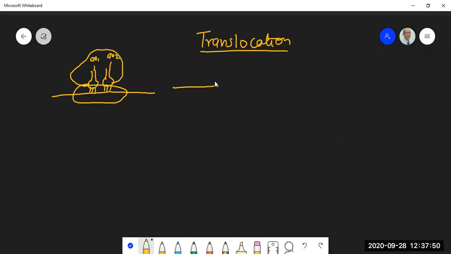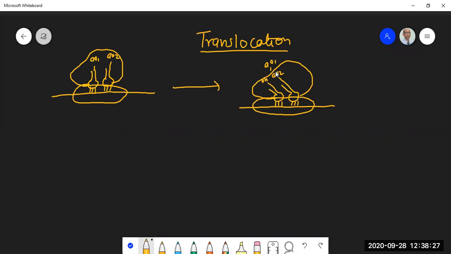All right. What happens next is that a peptide bond is formed. So peptide bond formation is accompanied by a change in interaction of tRNAs with respect to the large subunit.